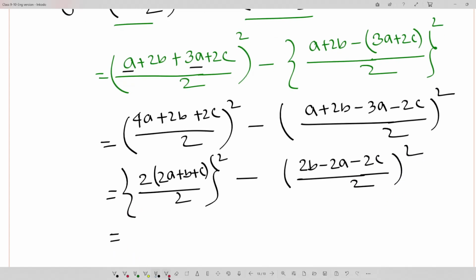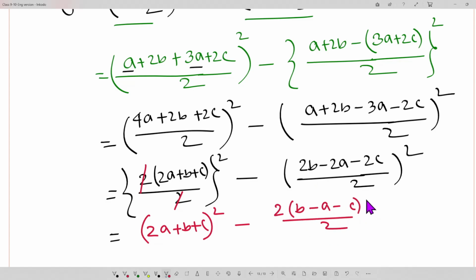And finally look, 2 and 2 we can divide, it will be 1, so here is (2a plus b plus c) whole square minus, here we can take common 2, so (b minus a minus c) by 2 and here square.